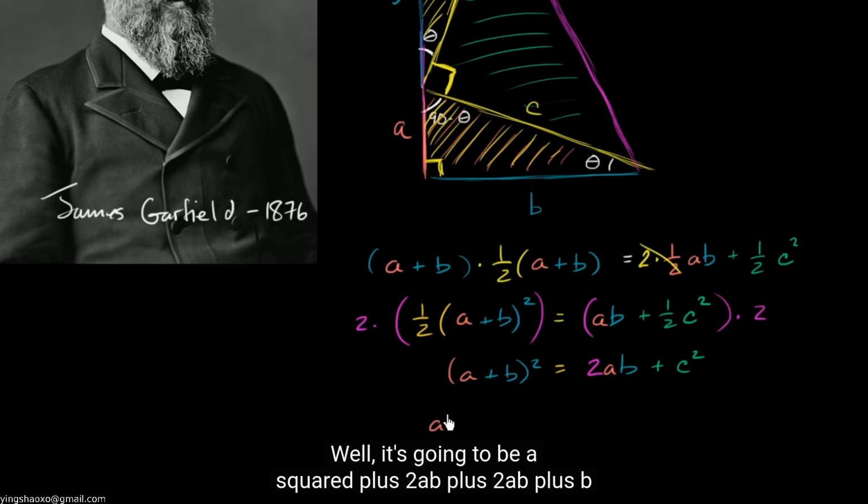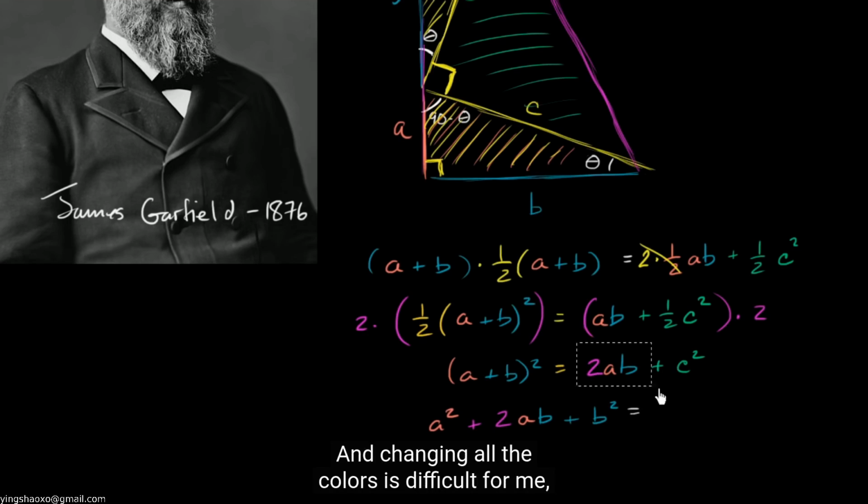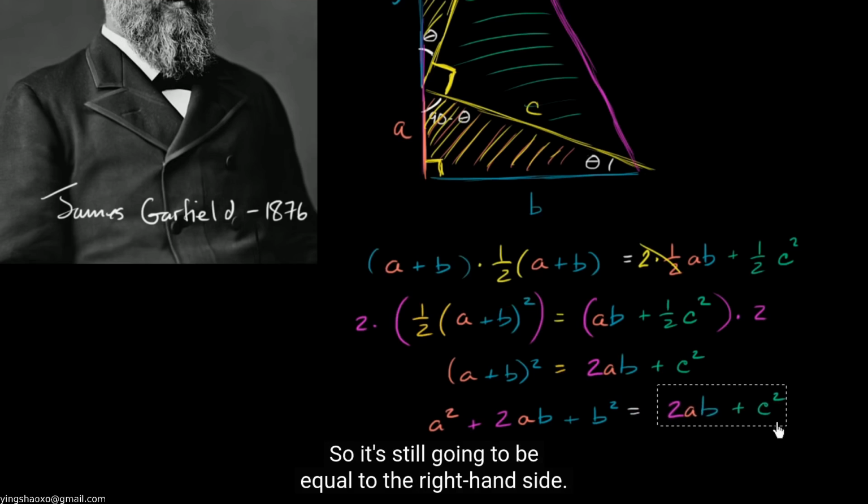Well, it's going to be A squared plus 2AB plus B squared. And then our right-hand side is still going to be equal to all of this business. Changing all of the colors is difficult for me, so let me copy and paste it. So it's still going to be equal to the right-hand side.